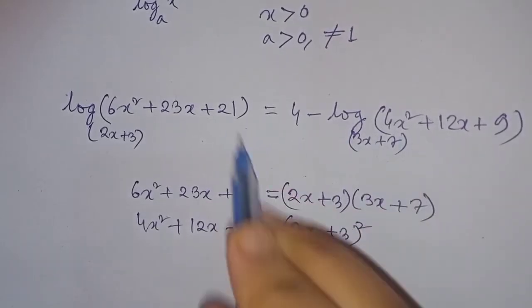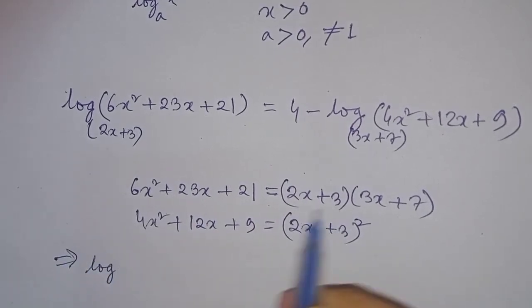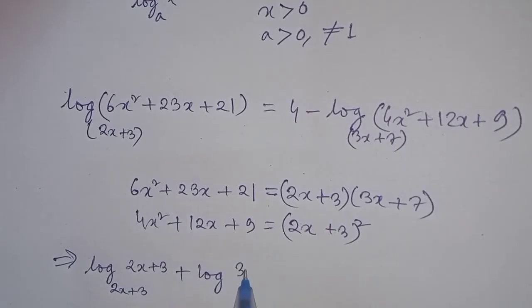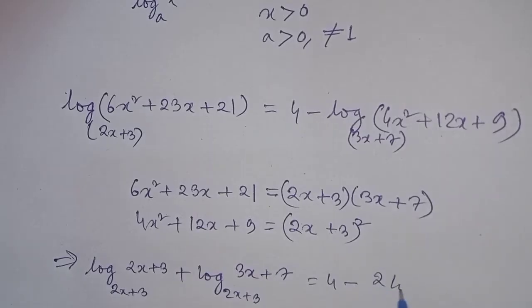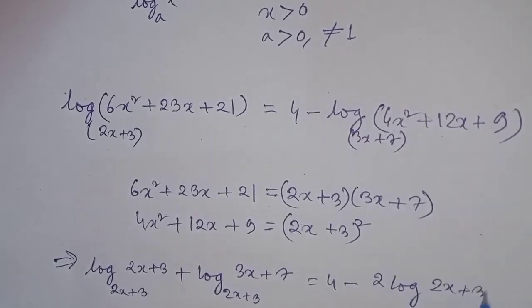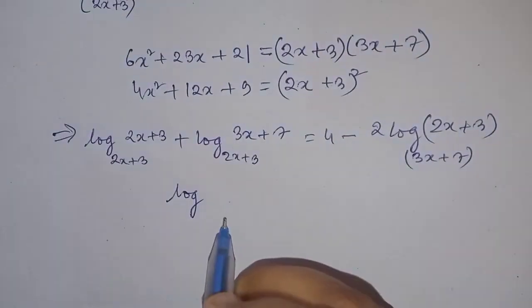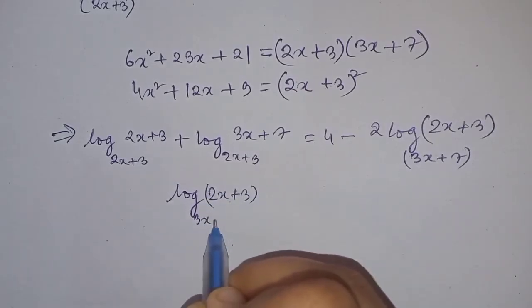Now we have to simply put this and use the properties of log. So now I'll make a substitution, that is log of 2x plus 3 to the base of 3x plus 7 equal to t.